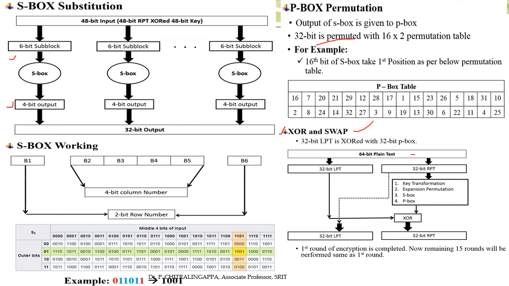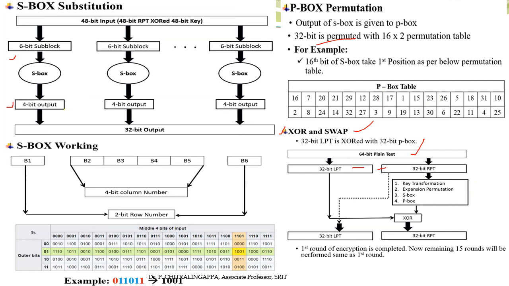So for the 64 bit plain text, you apply the initial permutation, then convert it into 32 bit left plain text and right plain text. At the right plain text you apply the key transformation, expansion permutation, S box and P box.